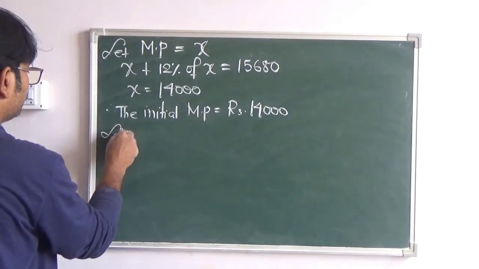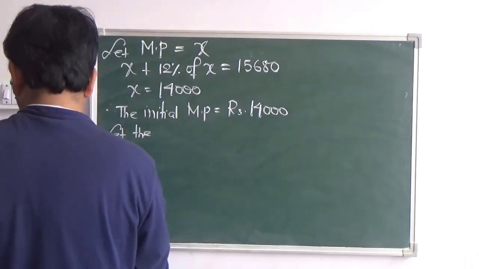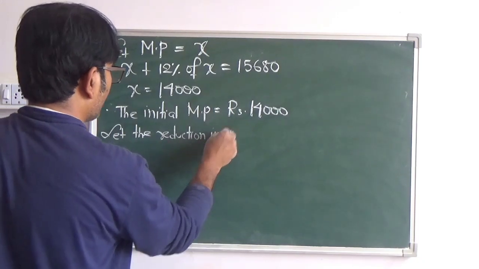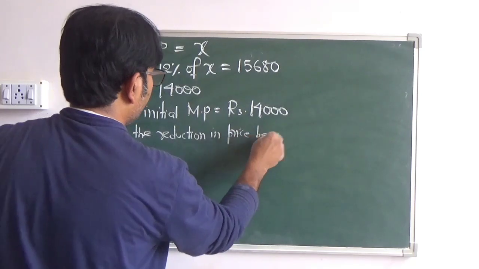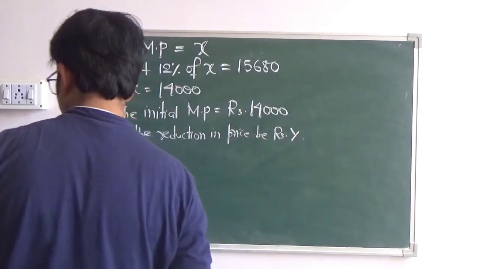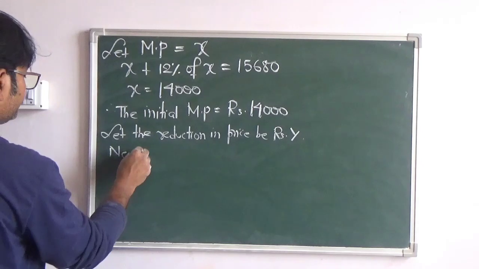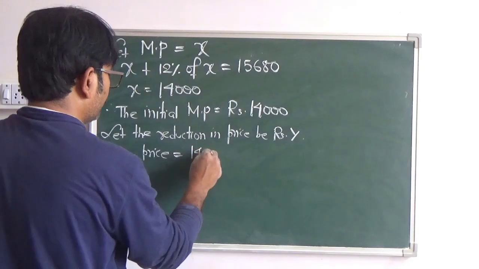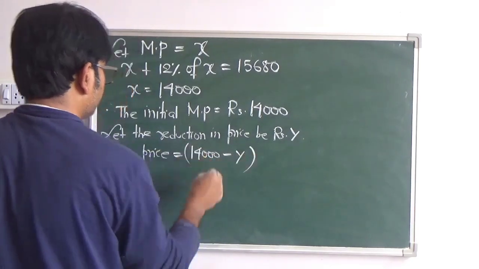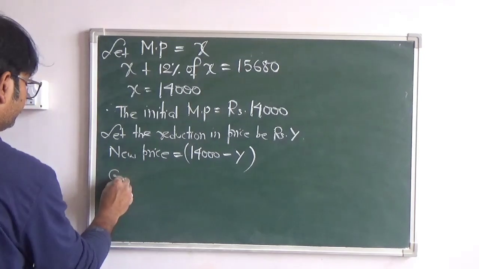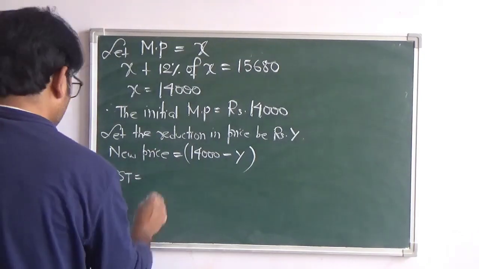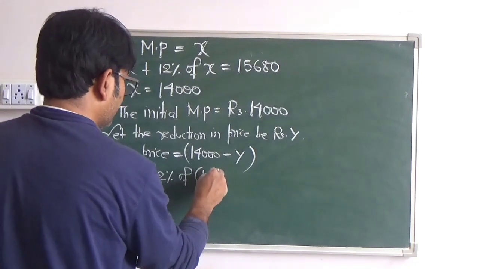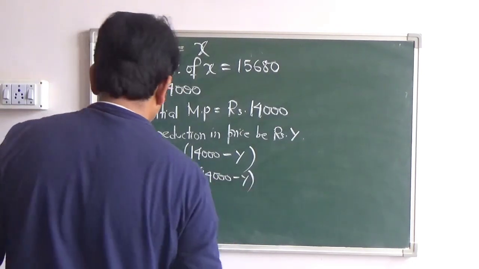Now let the reduction in price be rupees Y. What will be the new price? The new price will be 14,000 minus Y. So GST will be 12% of 14,000 minus Y. So this is the GST.